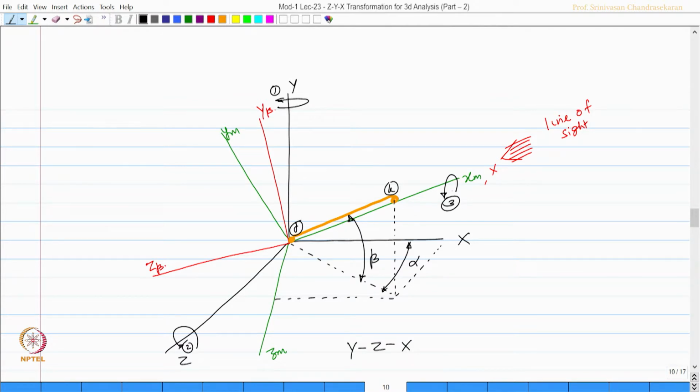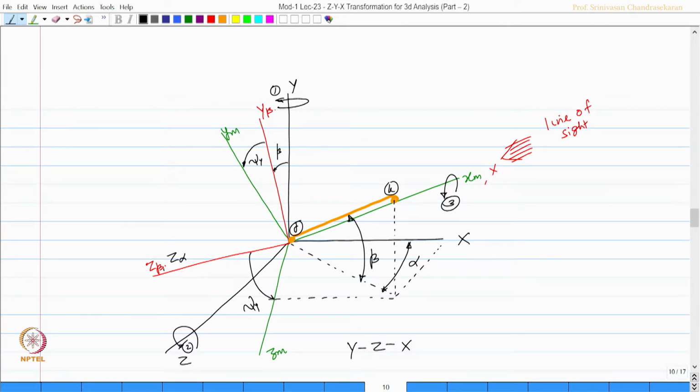The angle obviously will be beta, and this becomes my z beta as well as z alpha. So, the angle between y beta and y m is psi y. The angle between z beta and z m is also psi y.